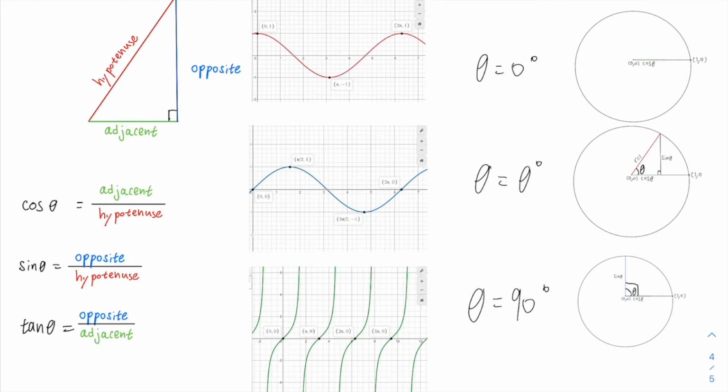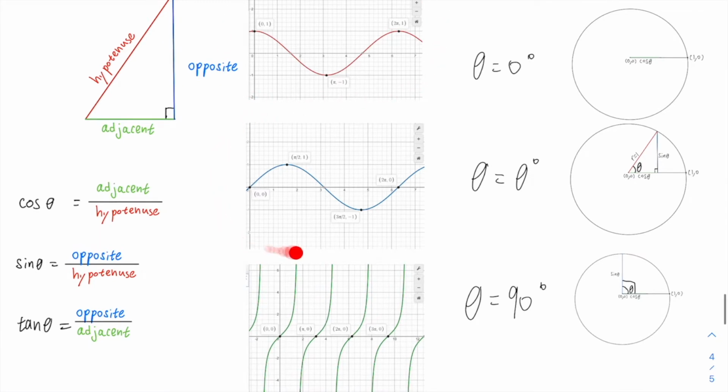So as we can see, there are three graphs here, and the first one is the cosine graph, the second one is the sine graph, and the third one is the tangent graph. So we should be wondering, why do those graphs look like that? The easiest example, I think, is using the sine graph.